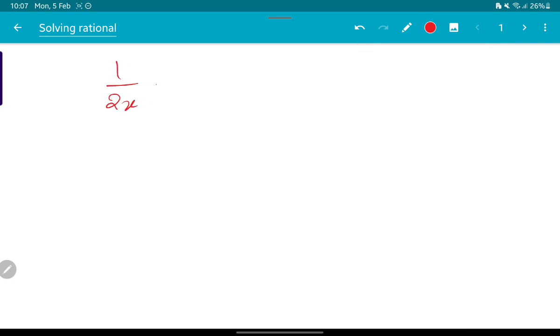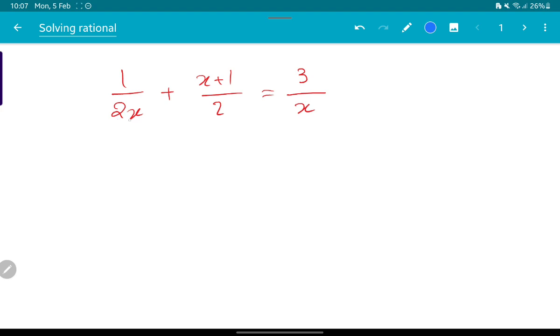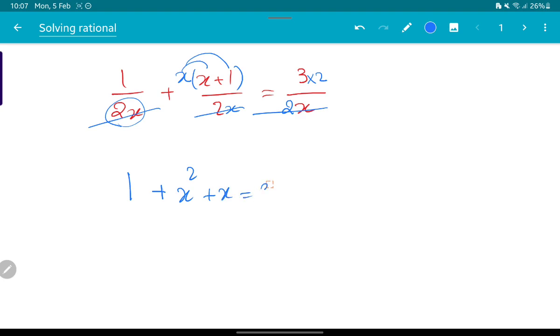1 over 2x plus x plus 1 over 2 equals 3 over x. We need the least common denominator. This is 2x, so we need to multiply this by x. This should be multiplied by 2. Now we can cancel all of them. This is 1 plus x squared plus x equals positive 6.